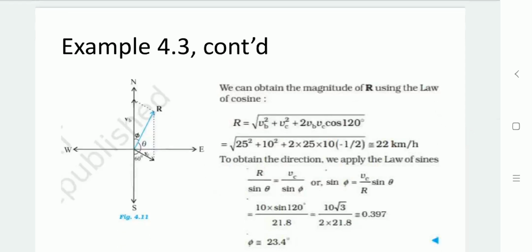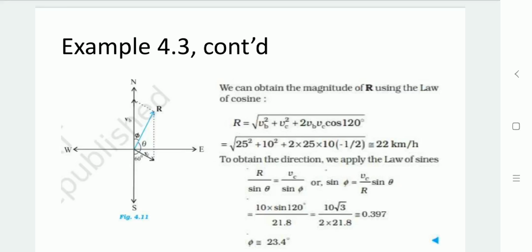So here the resultant vector R is equal to under root of VB square plus VC square plus 2 VB VC cos theta. What should be the theta?